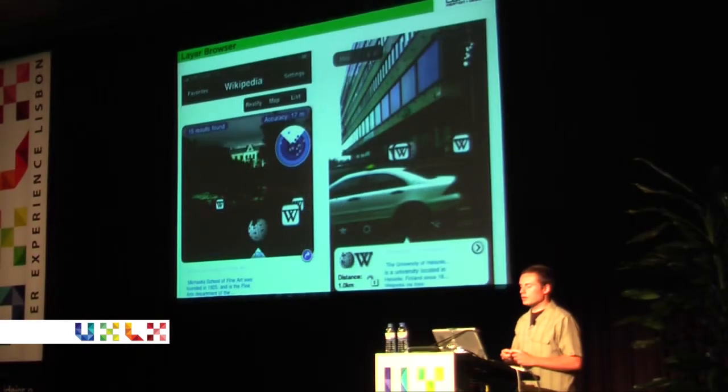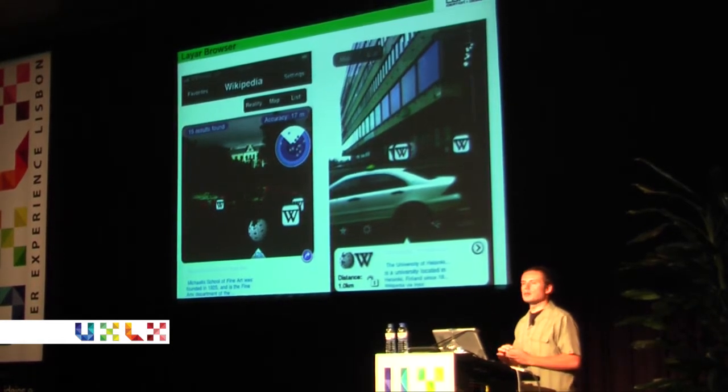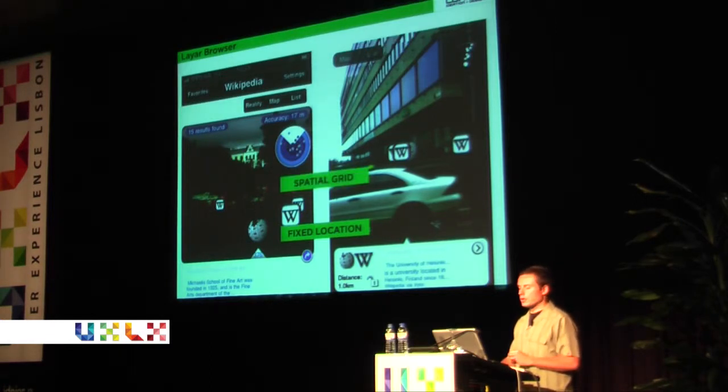Layer, which is an actual browser of augmented reality stuff out of the Netherlands, and they're on their third version of this now, so they've been changing the interface a couple times over. What they do is they keep this data window in a fixed location, so it's not moving around all over the place and blocking your view. They have this spatial grid overlaid on the screen, which I hope you guys can see. It seems a little dark up there.